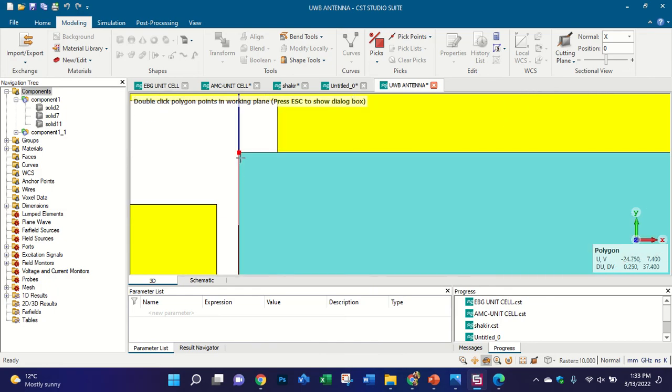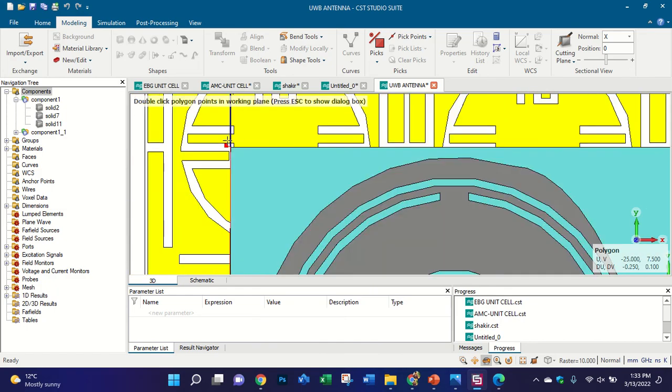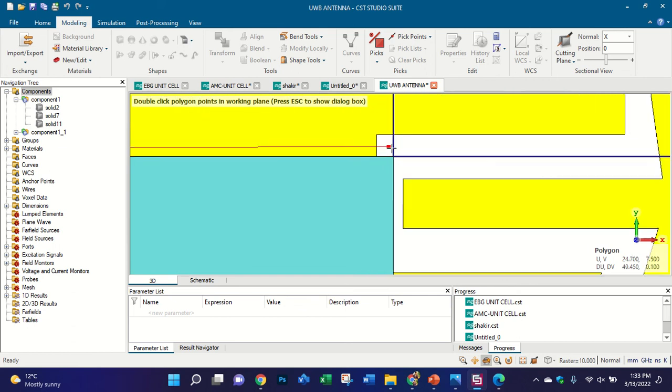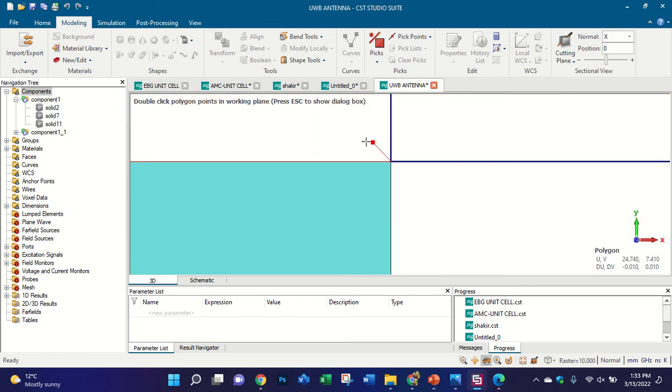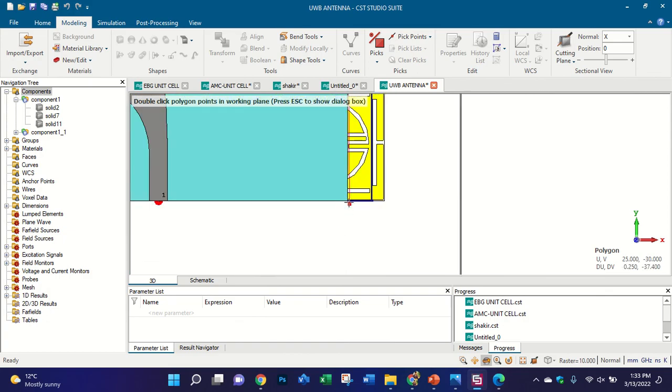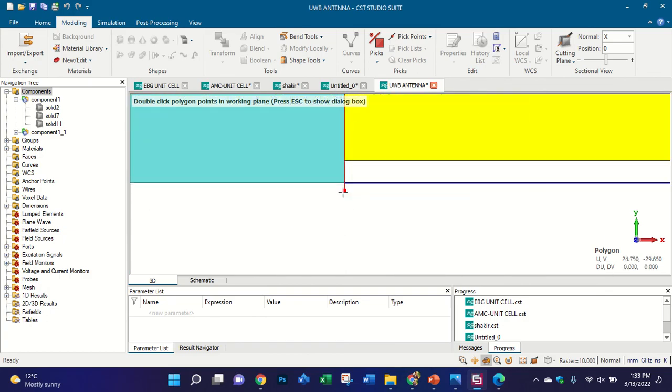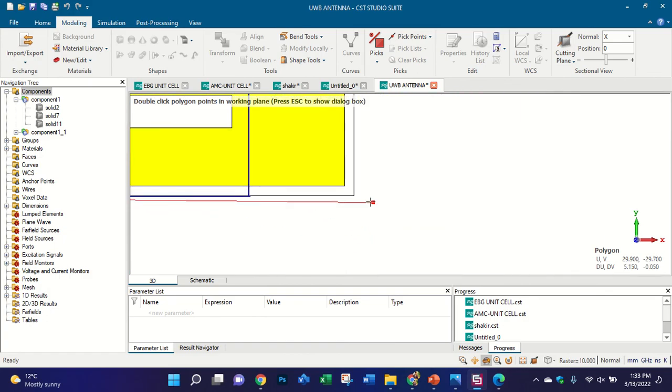I will show you my other paper in which I use this technique.